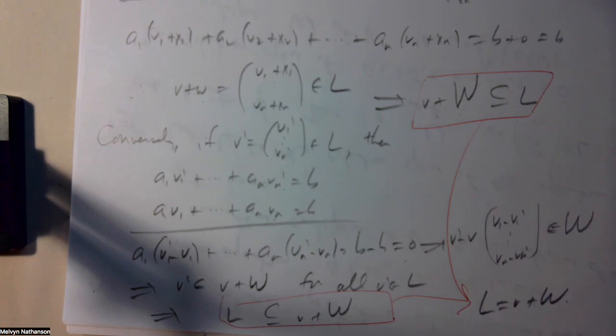The solution space of the inhomogeneous equation is an affine subspace. It's a translate of the solution space of the homogeneous equation, that's W, by the vector v, which is a particular solution of the inhomogeneous equation.